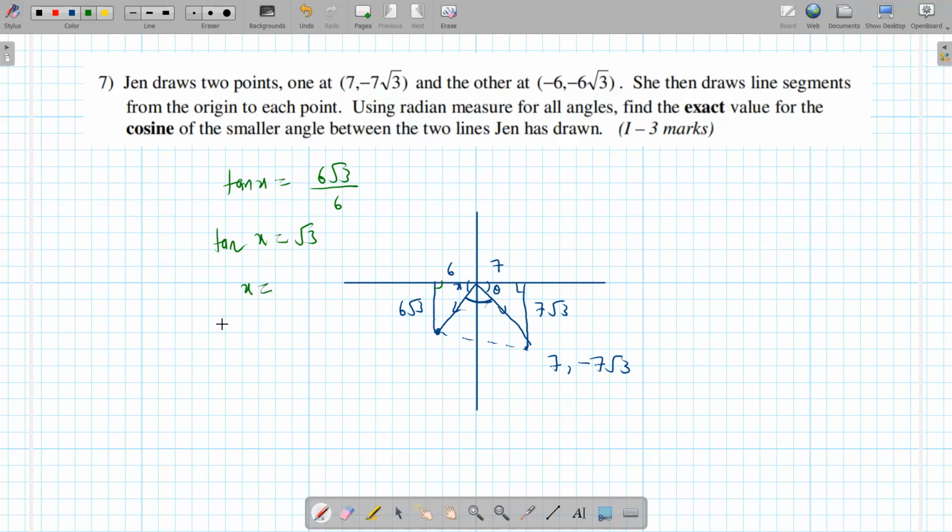Pi over 3, 60. On the other side, we have tan theta equals the same thing, the 7 cancels out. So on the other side, theta is also pi over 3 or 60, because we're left with √3. Now we have theta, we have x.